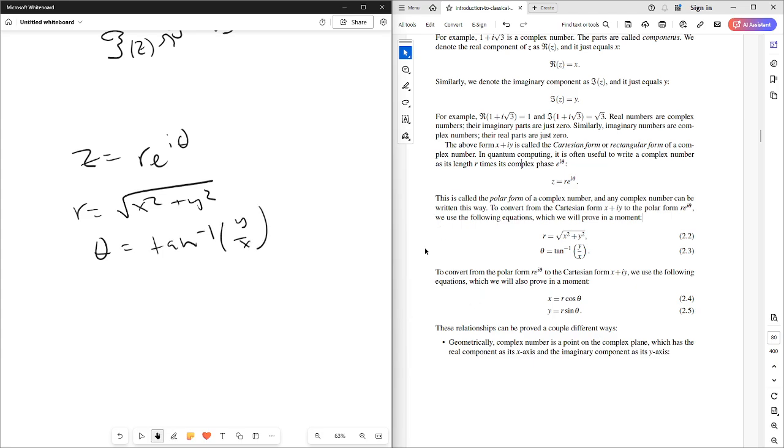And then we can also go transversely from the polar form back to the normal complex form.